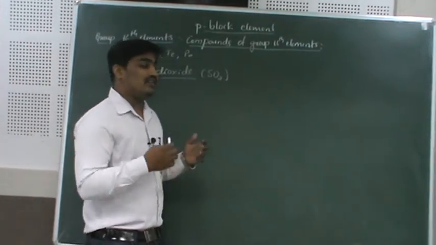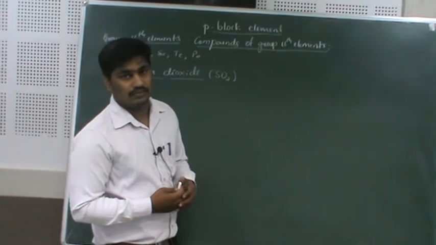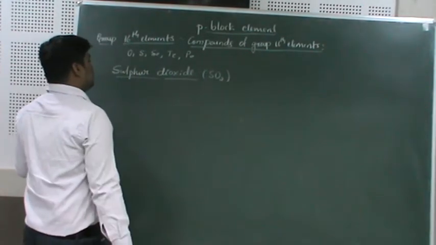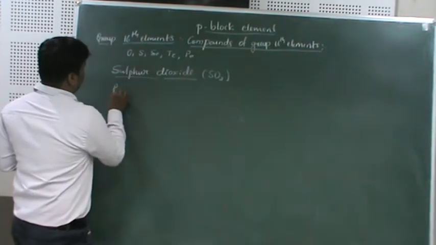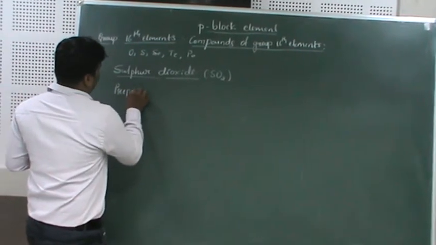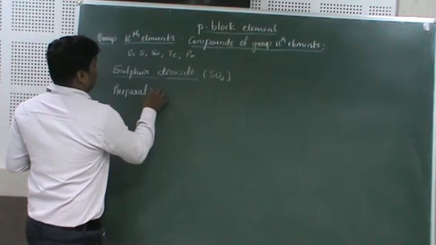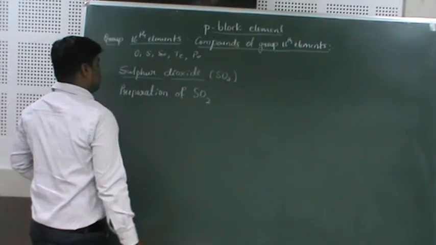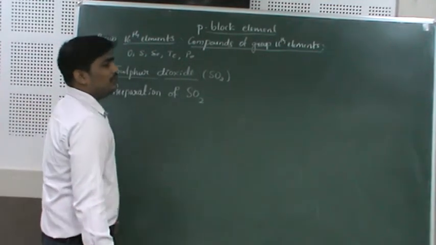There are different types of compounds formed from sulphur dioxide. First thing is the preparation method.